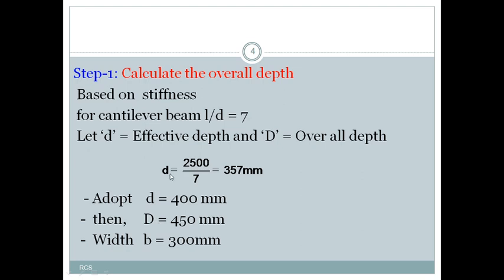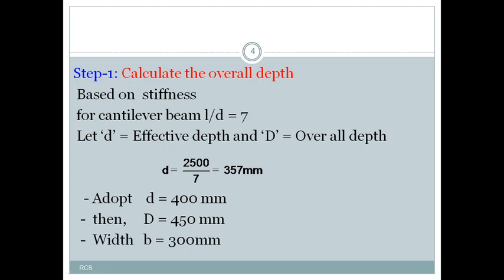Anyhow, you got the effective depth based on the stiffness criteria as 357 mm, but we are not providing this, we are enhancing this value with some factor. So we are rounding up to say 400 mm. Nothing different, no problem with this. If we provide extra, it will resist more loads, that's it.